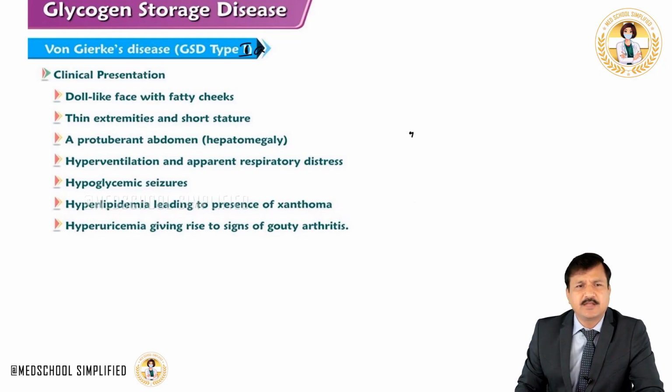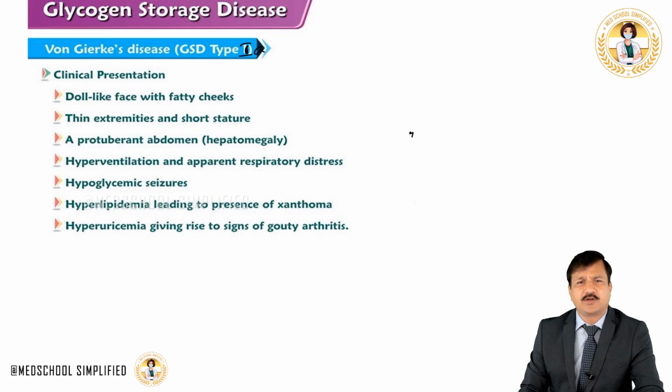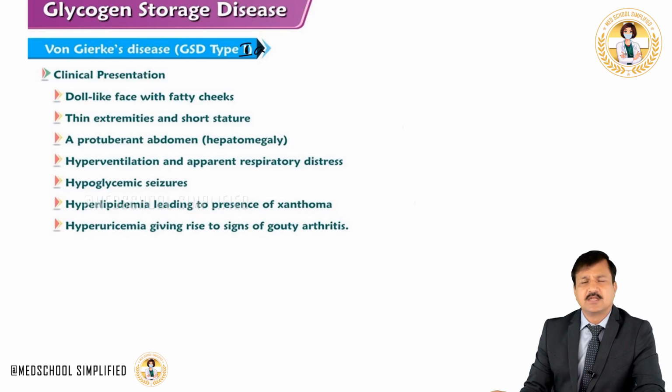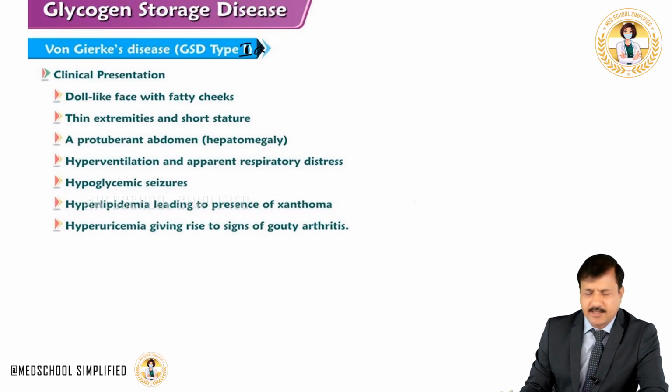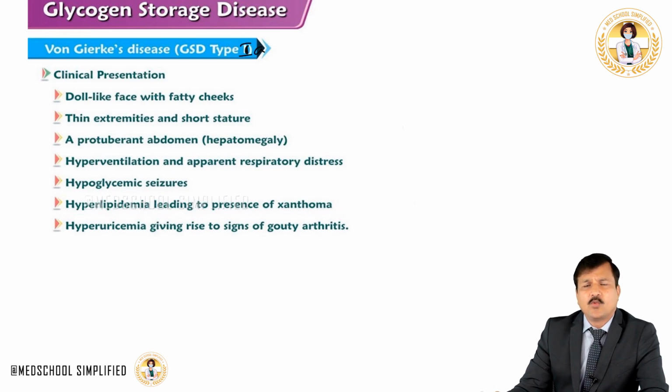In order to make sure that you understand the laboratory changes and the metabolic abnormalities that go on here because of deficiency of glucose 6-phosphatase, I need to explain by writing down the pathway so that you exactly understand why the metabolic abnormalities are seen here.